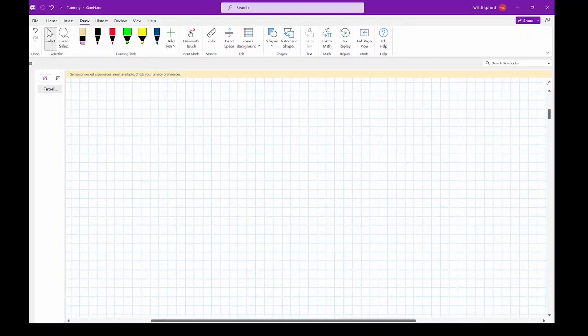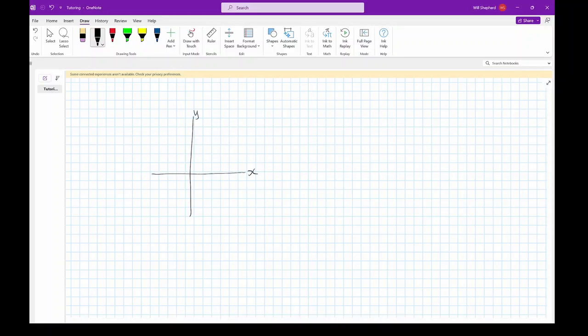So say we had a set of axes, y and x. And then we had two theoretical points, right? Let's call the first point x1, y1, because it is further to the left of x2, y2, our second point.